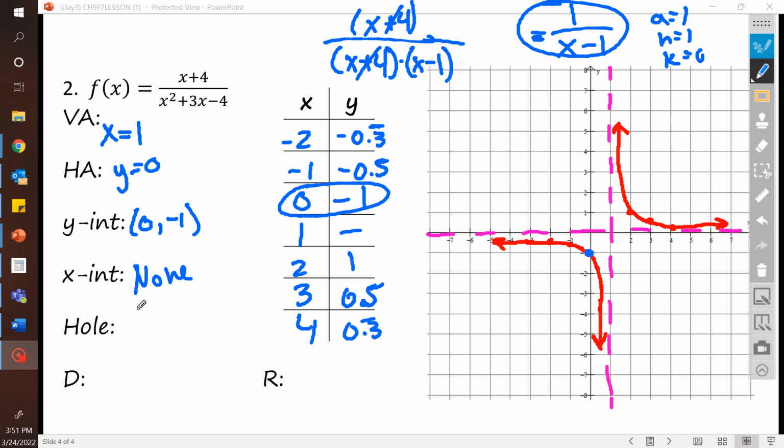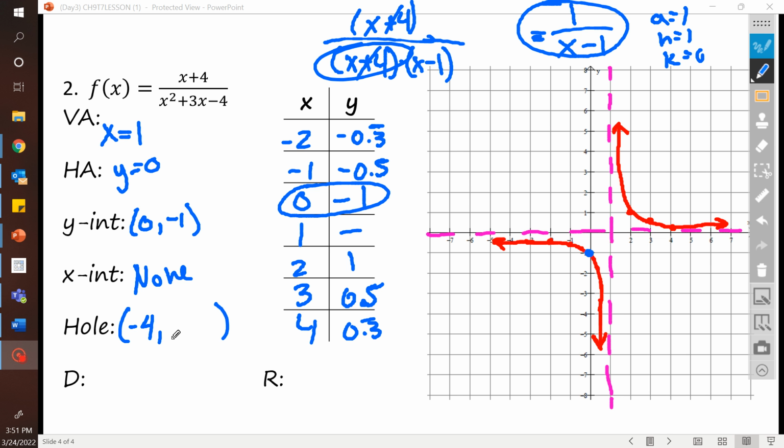Now we can focus on finding the hole. There is going to be a hole here because there's a factor that we crossed out, x plus 4. So there's going to be a hole where that factor is 0, because that would make the denominator 0, which is not allowed. So when x is negative 4, you'll see a hole there.